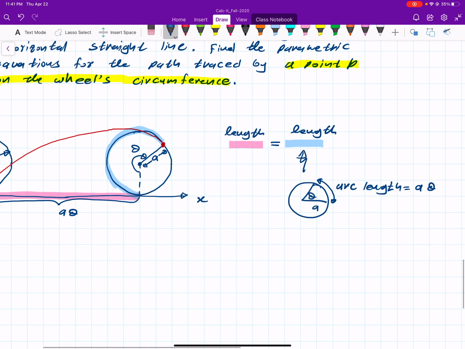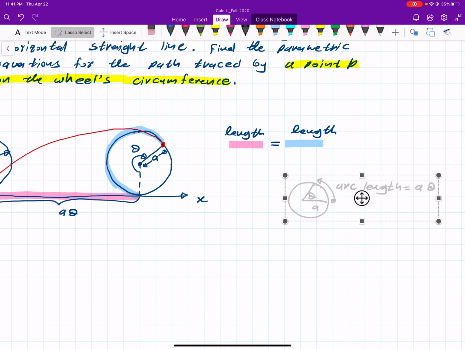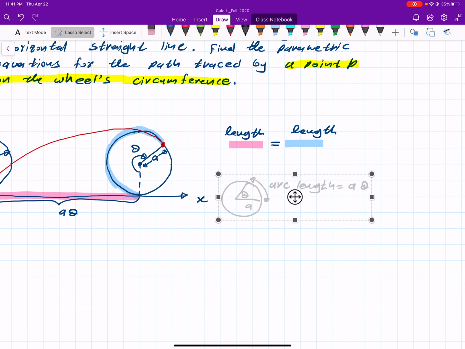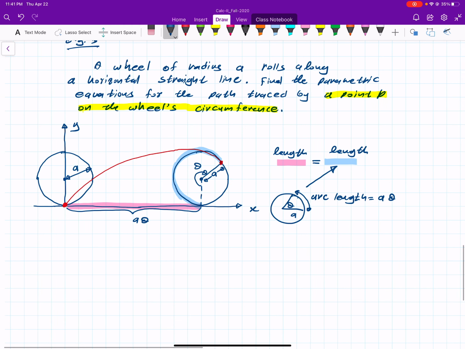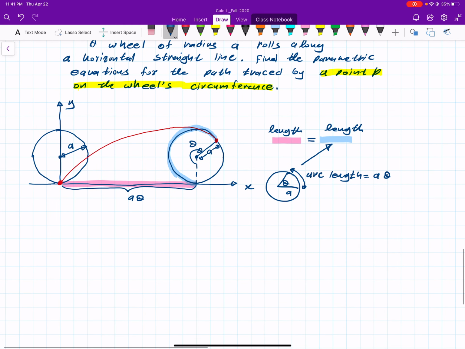All right, so the same argument over there. Then pink equals r theta. And then you have to understand the rest of the lengths.